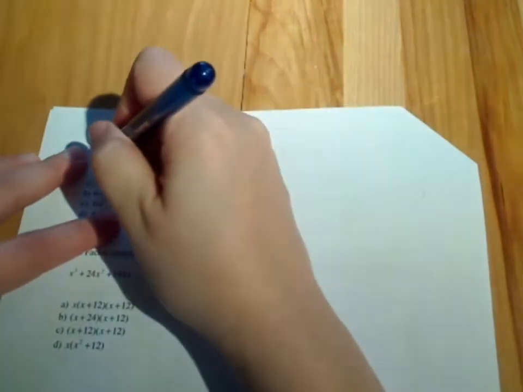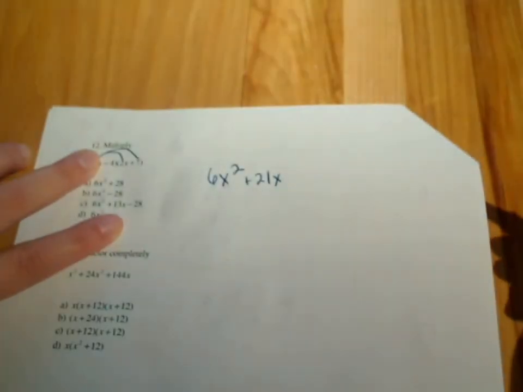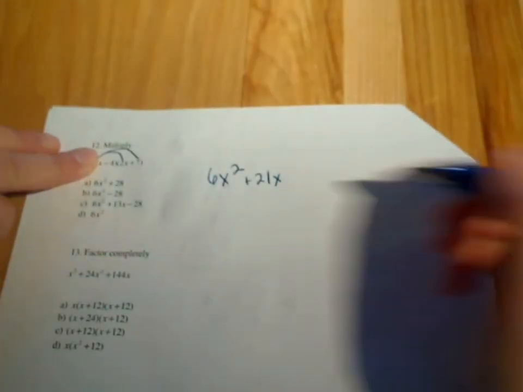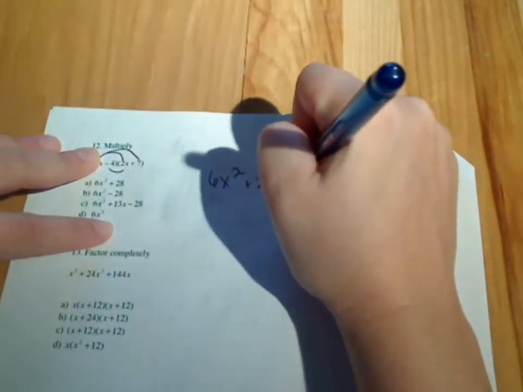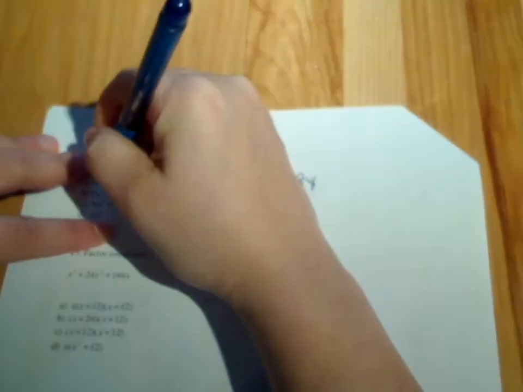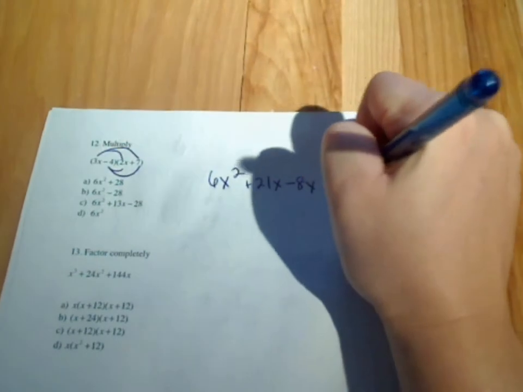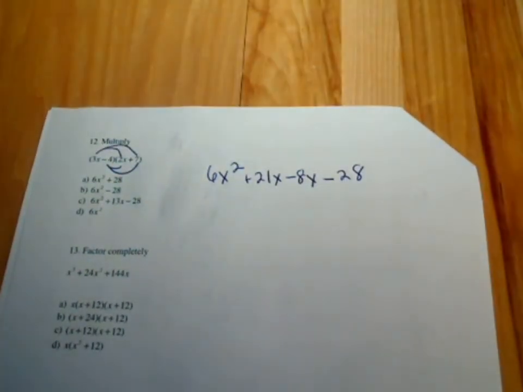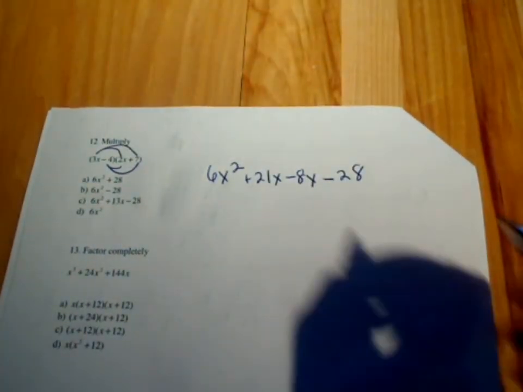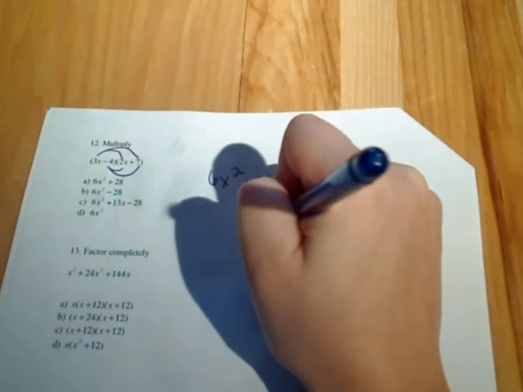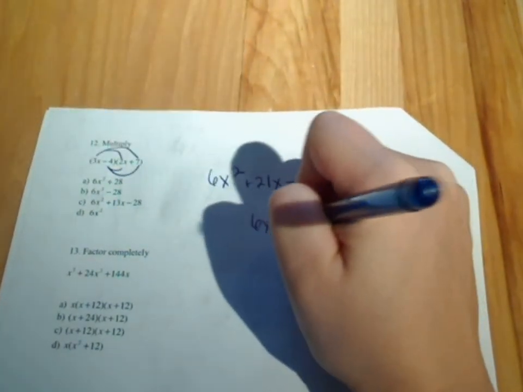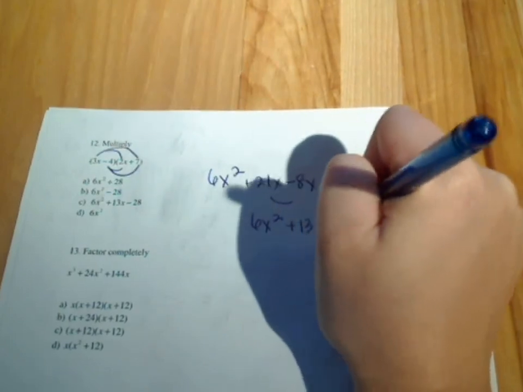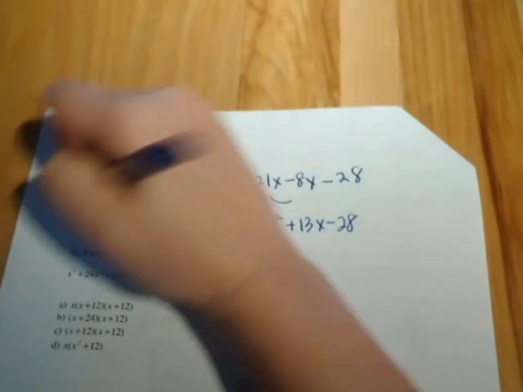Okay, so I took care of the 3. So I now have negative 4 times each of those. So negative 4 times 2x is negative 8x. And negative 4 times 7 is negative 28. So now all you have to do is combine like terms. 6x to the 2nd plus 13x minus 28, letter C.